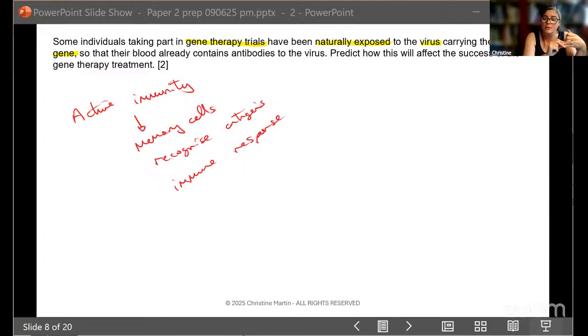That's a problem. So we are going to therefore result in a decrease in the success rate of that gene therapy. So it's important to not just solely look at these questions as if they're only asking you about gene therapy, but about looking at how the bigger picture applies here.